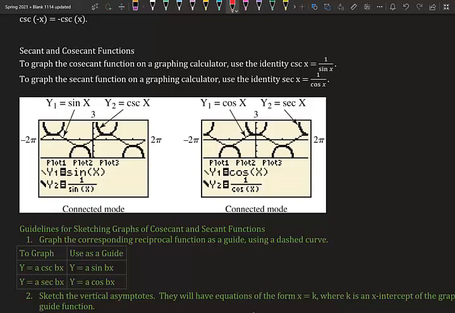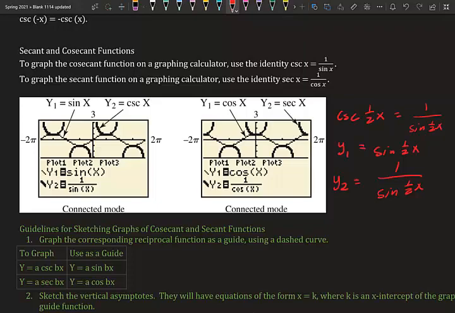So if you had cosecant 1/2 x, it would be 1 over sine 1/2 x. For your y1, you would have sine 1/2 x, and for your y2, you would have 1 over sine 1/2 x. So that's how you would graph your secant and cosecant functions.